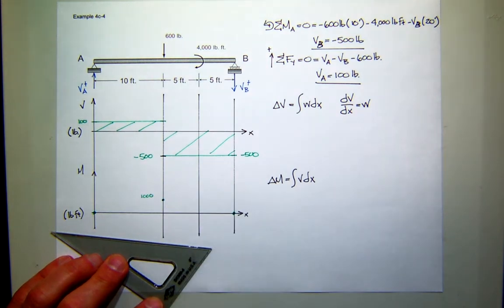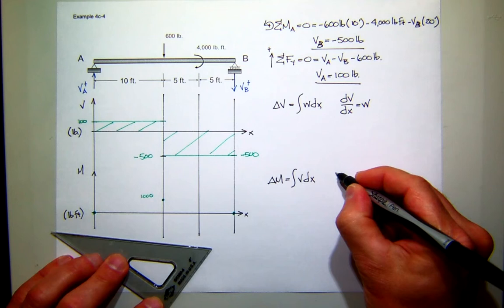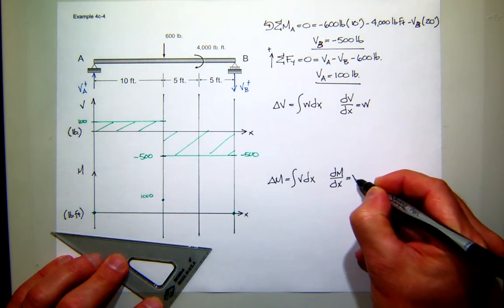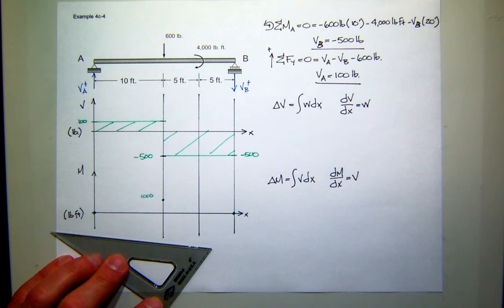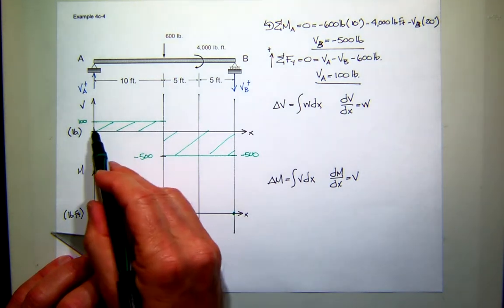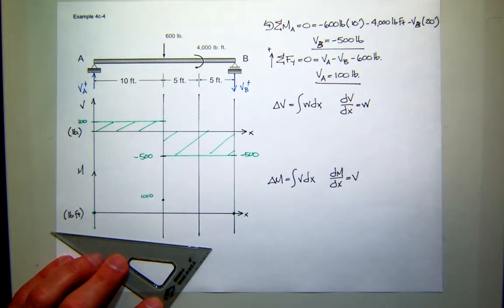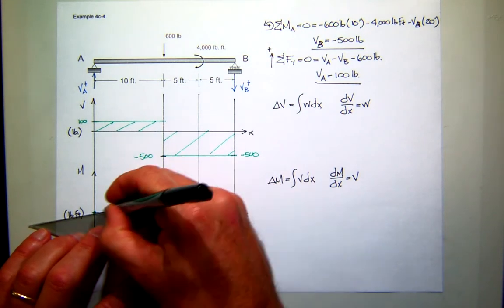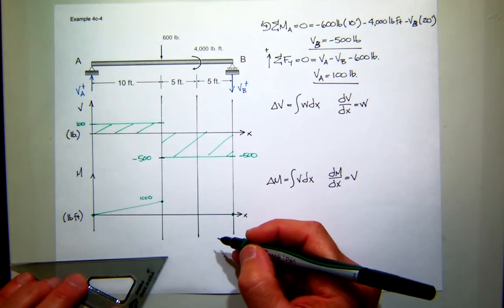And what is the slope? Well, we know the slope in the moment diagram is equal to the shear. What's the shear? Constant and positive.